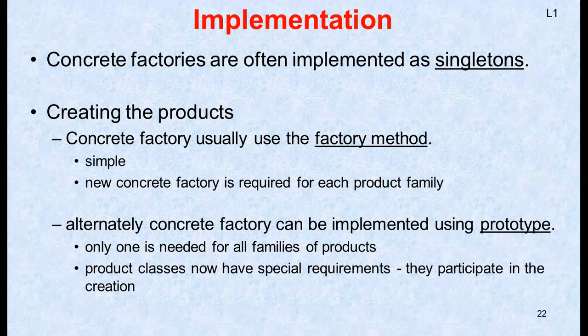A variation on the prototype-based approach is possible in languages that treat classes as first-class objects, for example Smalltalk and Objective-C. Here we can think of a class in these languages as a degenerate factory that creates only one kind of product.